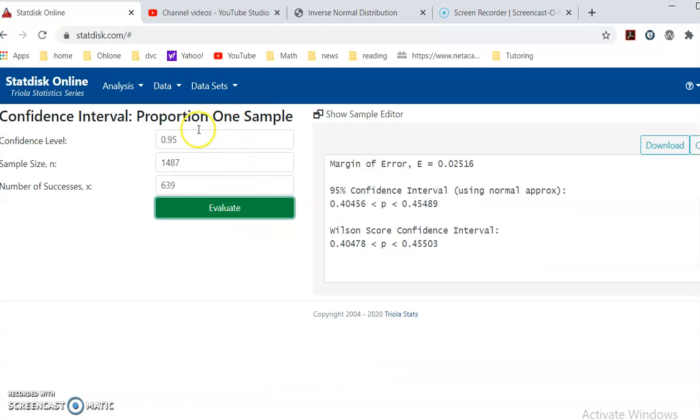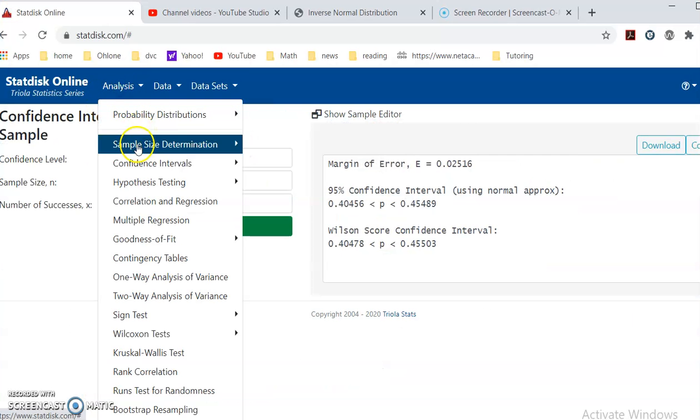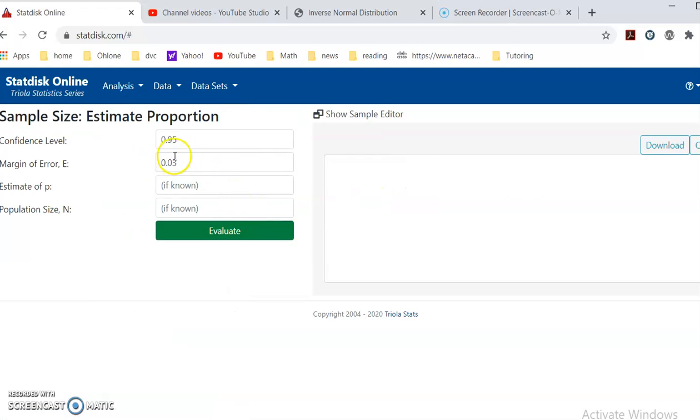So let me show you where to do it: sample size determination, estimate proportion. Look what they have. They have a confidence interval that you have to provide. They have a margin of error that you have to provide. Now, these two are optional. Usually we don't give population size, but the estimate of P is what you had before. If you have it, you put it in. If you don't, you just leave it blank.